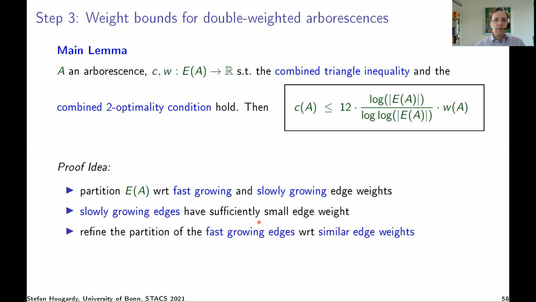For the fast-growing edges, it is a bit more complicated to get a bound. For these, we have to partition the edges into subsets of edges which have similar weight. If we use this partition, then we can also get a bound on the total weight of the fast-growing edges. So let's have a look at this in a bit more detail.